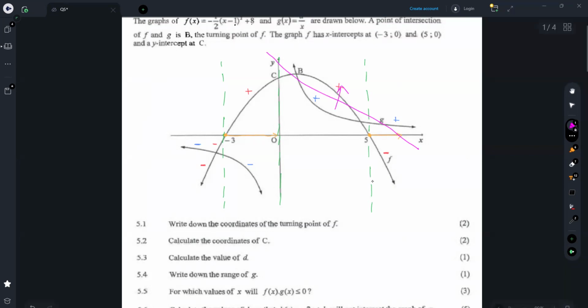Because in that case, it would intersect with the function twice. And the function cannot be below the sign because it would intersect with the function twice. So this means that it must be between the arms like that.